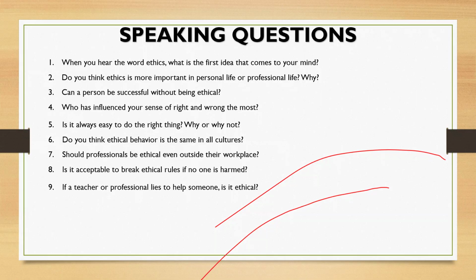Yeah, that depends on the kind of ethics we have, because remember that every kind of ethics has some principles, and some of them we have to respect. For example, when we talk about medical ethics, there are some principles that must be respected.